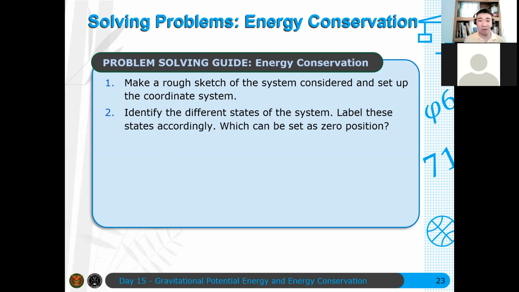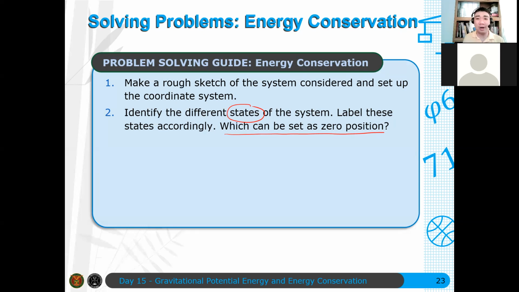Ngayon, ang isang importante rito, after you identify the states of the system, pwede mo ngayong hanapin saan yung zero. Remember, in gravitational potential energy, ang zero, pwede mong arbitrarily ilagay kung saan. Hindi yan fixed. Pwede mo siyang ilagay kahit saan, and the answer will still be the same. Therefore, you need to identify the different states of the system.